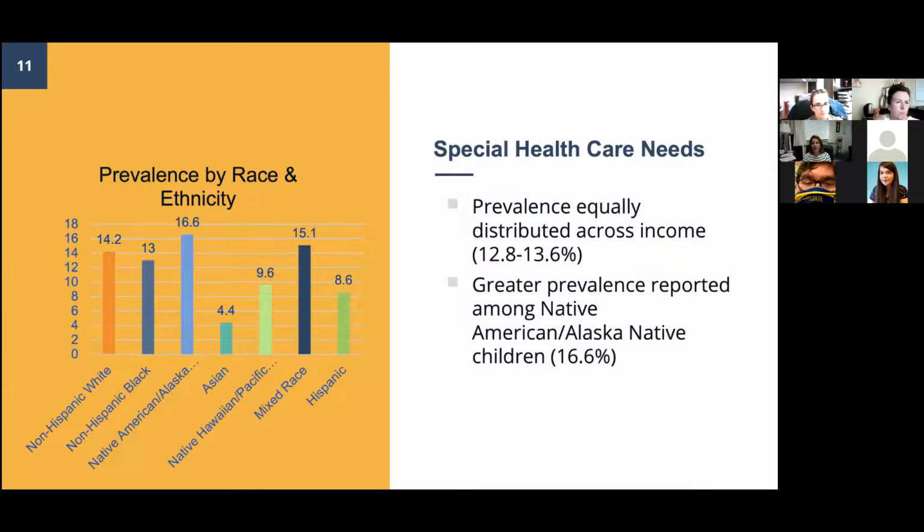And then there is a greater prevalence, if you look at the bar chart on the left, reported among Native American or Alaska Native children at 16.6, followed by children who report a mixed race, and then non-Hispanic white, and then you can see it progress from there. So non-Hispanic Black at 13% of that population with a special health care need. Native Hawaiian Pacific or Hispanic at 8.6. So we do see a significant difference based on race and ethnicity, but not so much of an income difference.